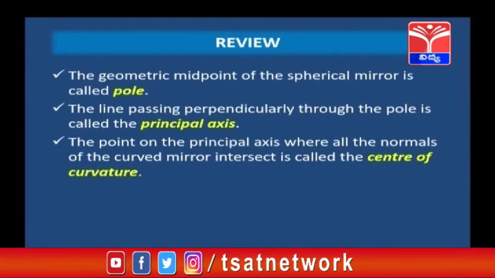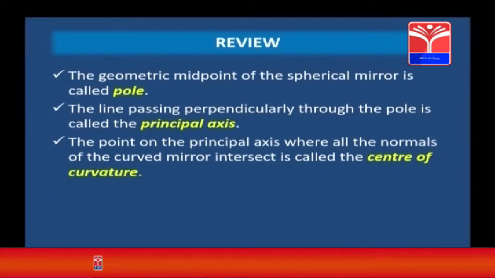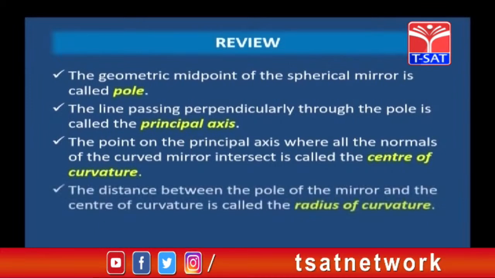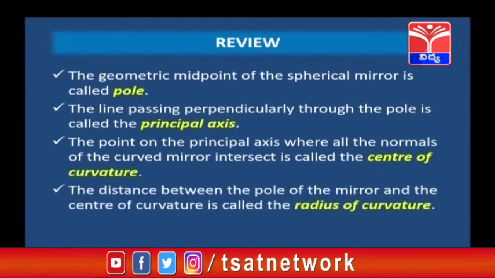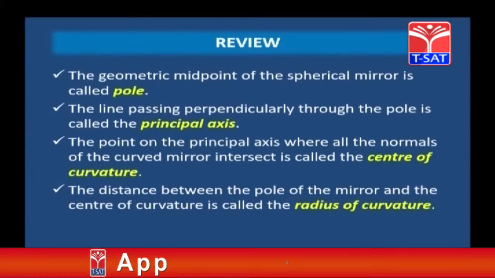The point on the principal axis where all the normals of the curved mirror intersect is called the center of curvature. Yes children, this we have also defined as the center of the big spherical mirror from which the mirror is taken. Then we went on to discuss the definition for radius of curvature. The distance between the pole of the mirror and the center of curvature is called the radius of curvature.